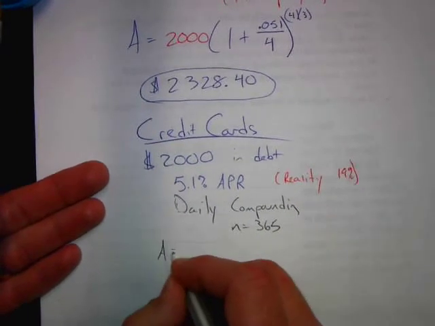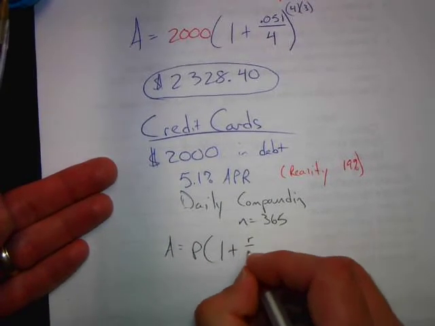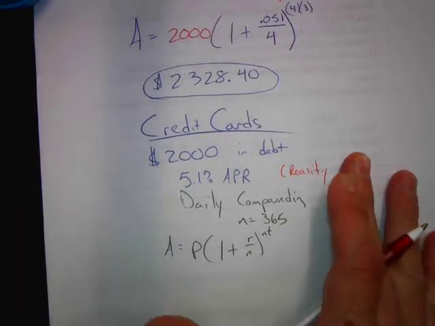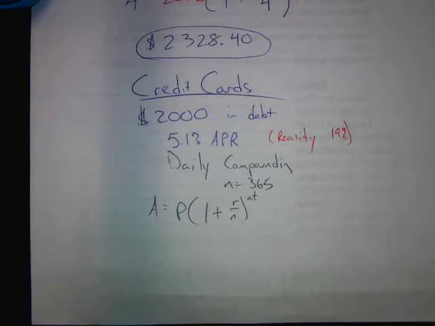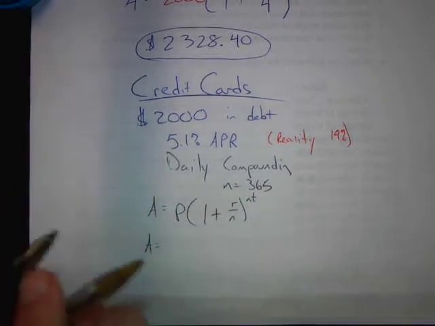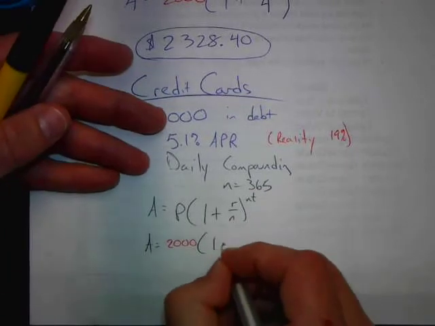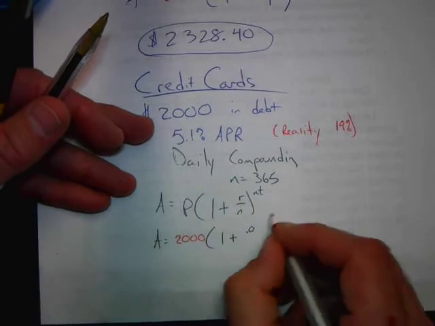So using the actual formula, which the book doesn't test you on, boo, but I'm going to show you anyway, yay. If we were to use that formula, what would happen if this were a credit card company? We'd have the whole thing, and it's still $2,000. Then 1 plus the interest rate. Credit cards work with 19%.